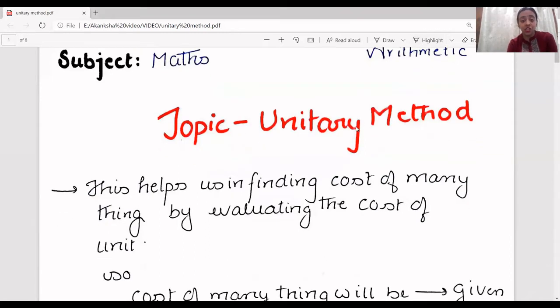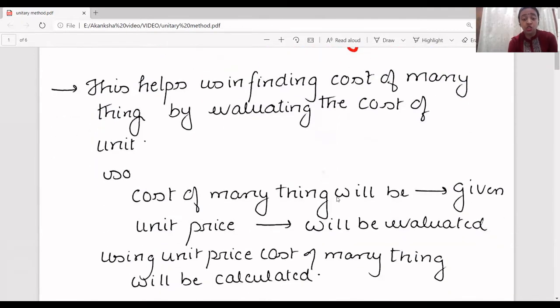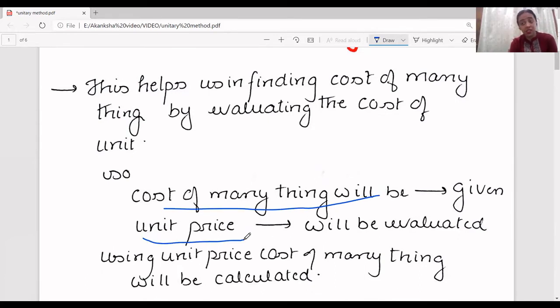Generally, in the questions, the cost of many things will be given to you, and you will yourself evaluate the unit price of that element. And with the help of the unit price, you will calculate the cost of the many things that you want to buy. So this is the unitary method.